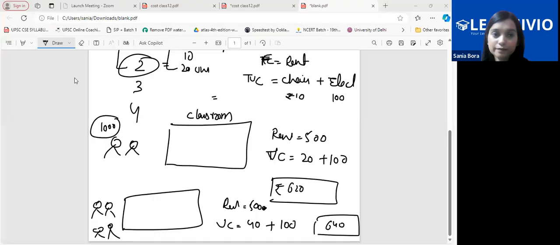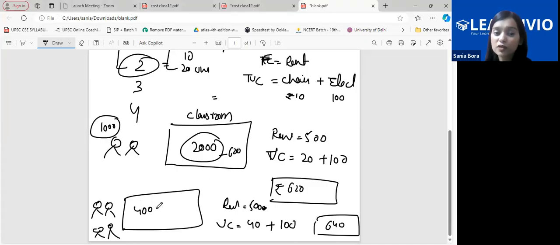Case 2. Because here you are only earning 2000 rupees, and you are spending basically 620 rupees. Here you are earning 4000 rupees and you are only spending 640. So of course here you are earning the profit. Getting the point? Yes or no?